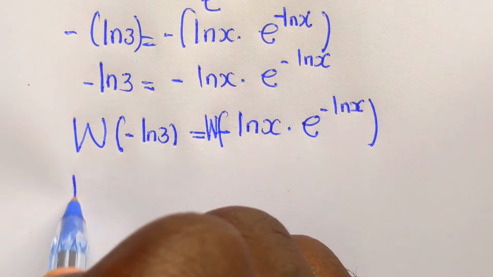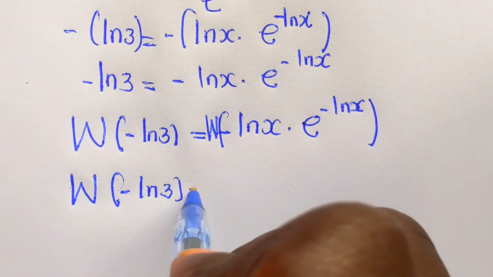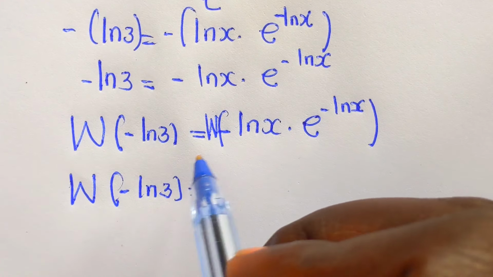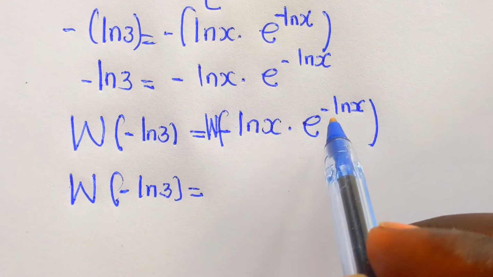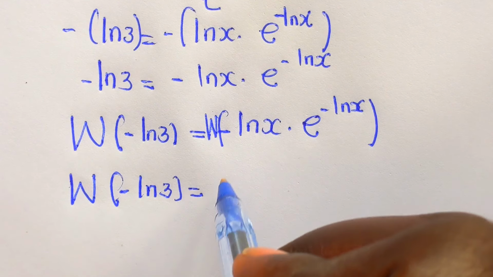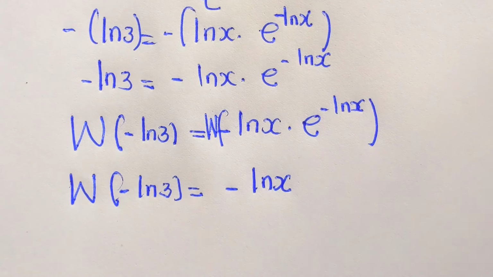Then here W of negative ln 3 is equal to, when you have W of negative ln x times e^(-ln x), this will be negative ln x.